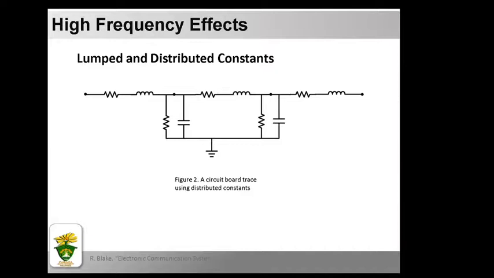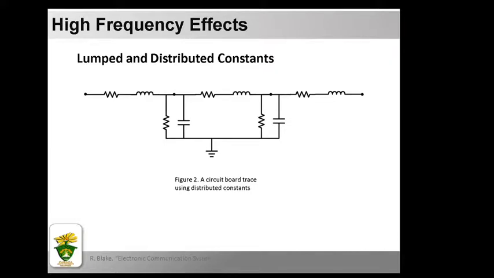For instance, a circuit board trace has a small amount of inductance in addition to resistance. So this is just an example. There will also be capacitance between this trace and every other trace on the board. So imagine in a circuit board, these traces have this innate value of resistance, inductance, and capacitance.